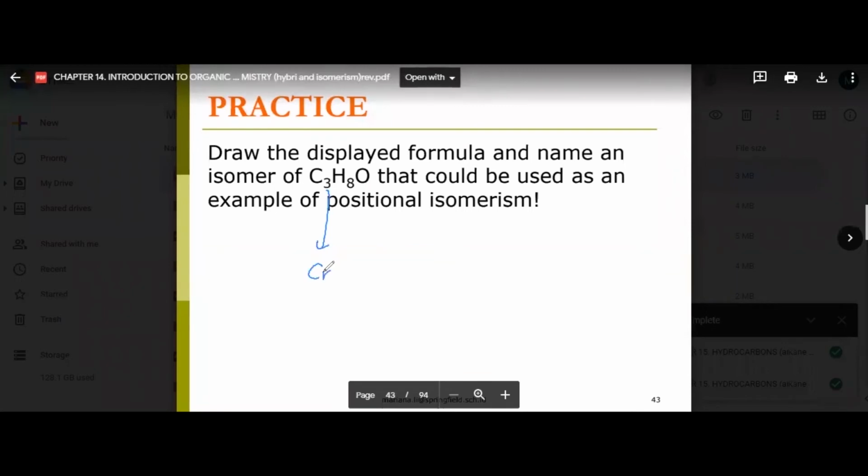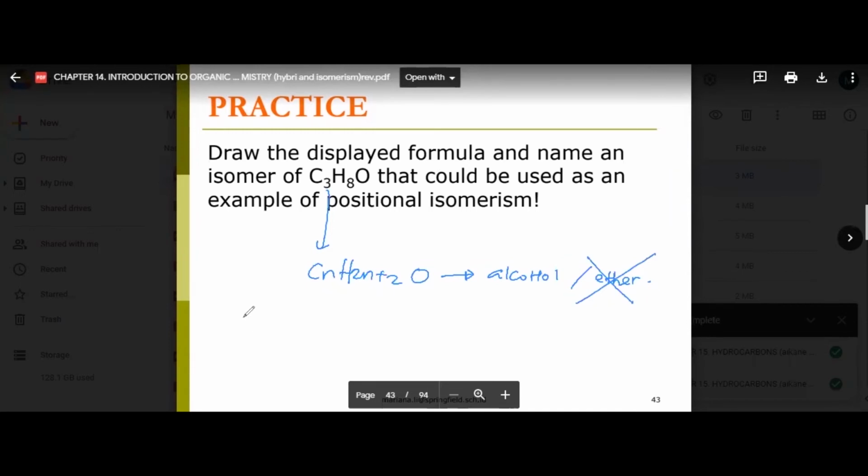Okay, this is CnH2n+2O. This is the molecular formula for alcohol or ether. But since there are only 3 carbons, there will be no position isomerism of ether. So only alcohol.